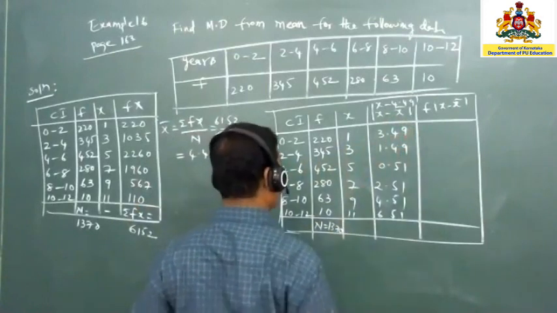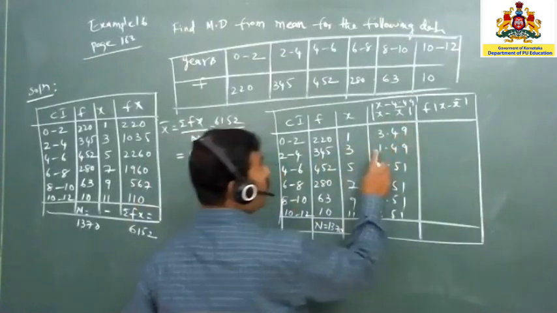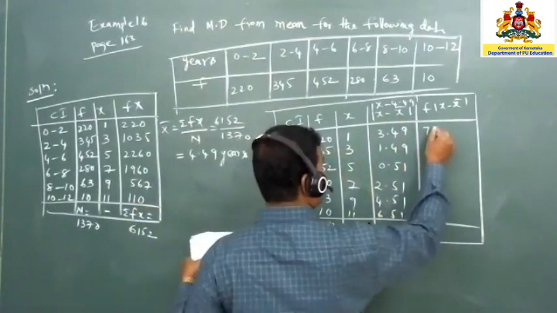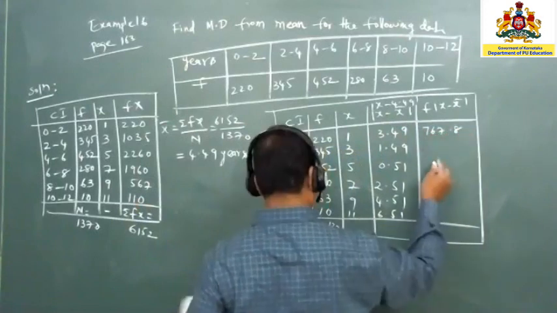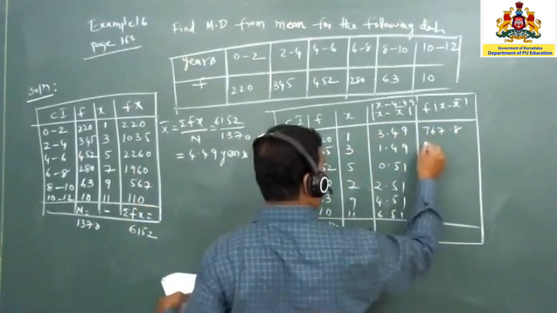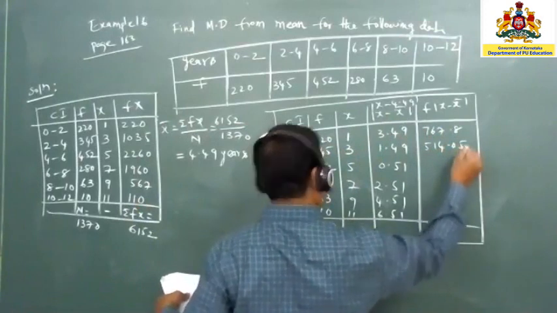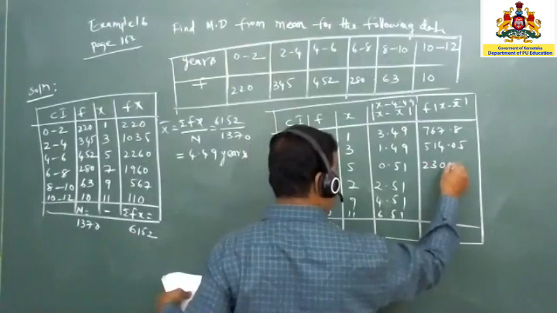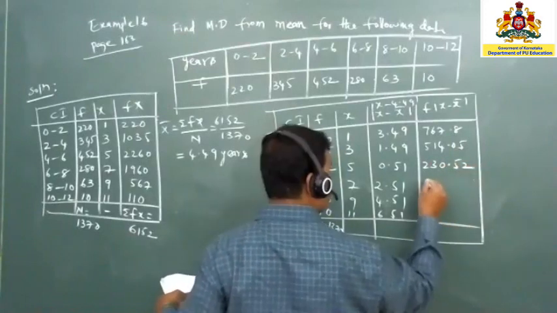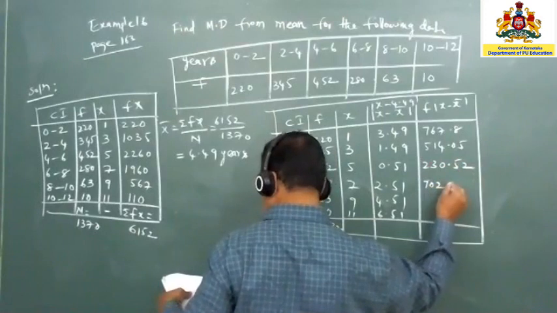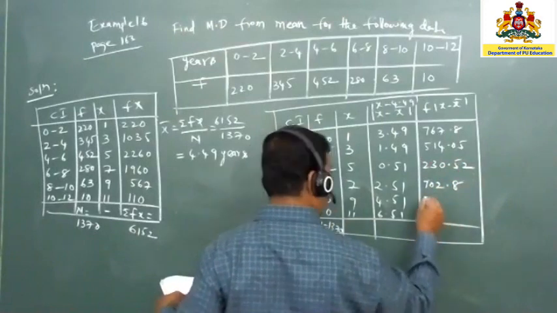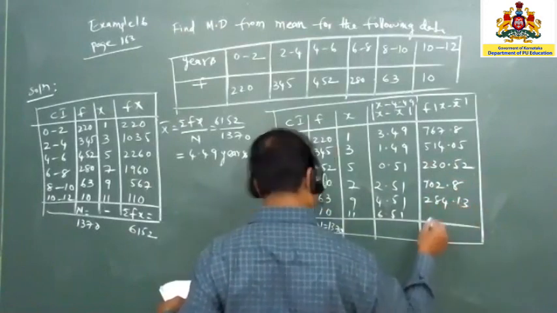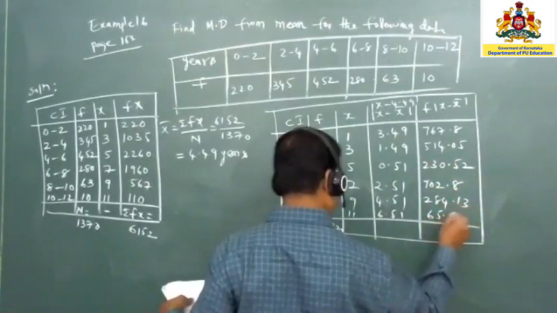Then by multiplying the absolute deviations with f, you will get the first value. Here 3.49 into 220 is 767.8, then 767.51, 4.05, 230.52, 702.8, 284.13, 65.1.